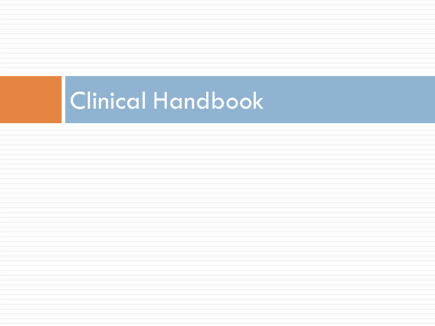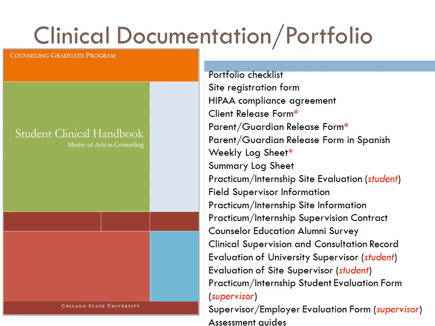Let's get started. We'll talk about your clinical handbook in this section. All the information that we discuss today will be found in your student clinical handbook. To the right of the screen, you'll see a list of forms that you'll be using throughout your practicum and internship experience. I've also provided a Word copy of these forms so that you can type directly on them.